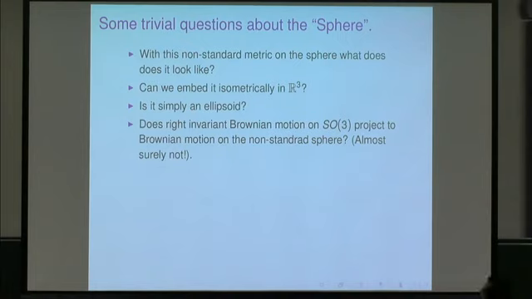I'm almost sure it's not the standard Brownian motion, because of the vertical and horizontal. In the case where you use the bi-invariant metric, Brownian motion on SO3 projects down to Brownian motion on the sphere. But because we lose this invariance, and I've not been able to find any literature on this setup.